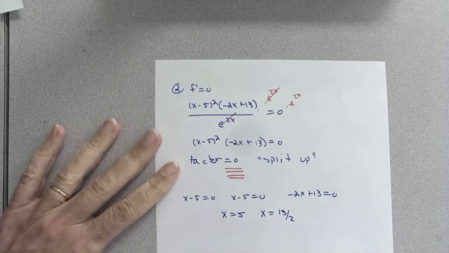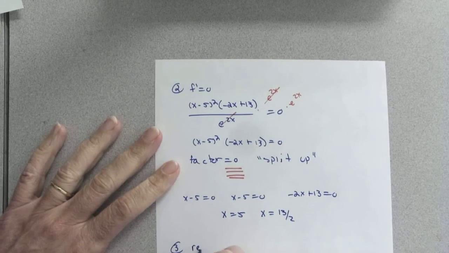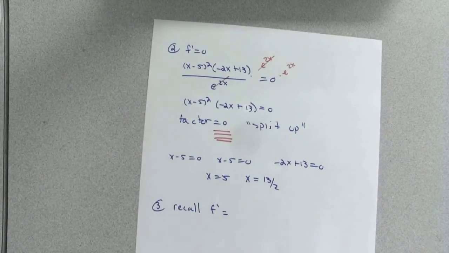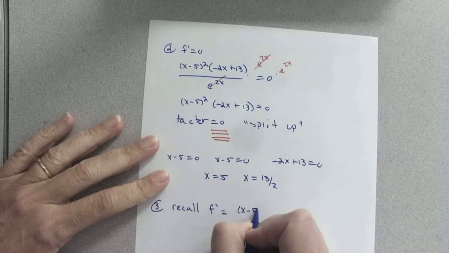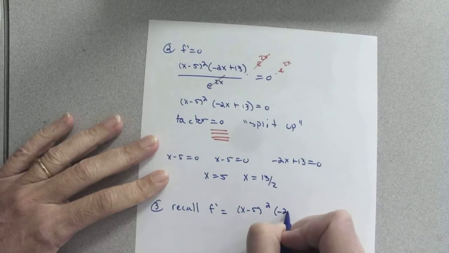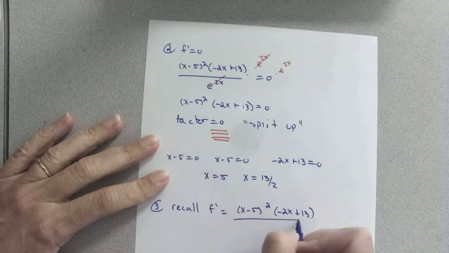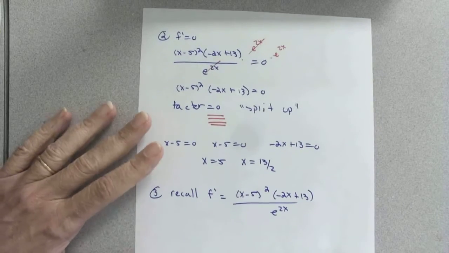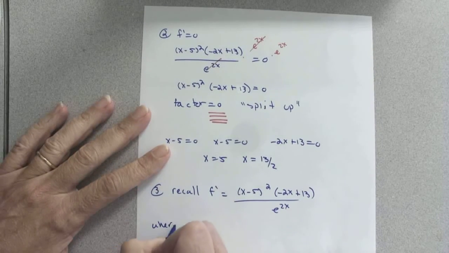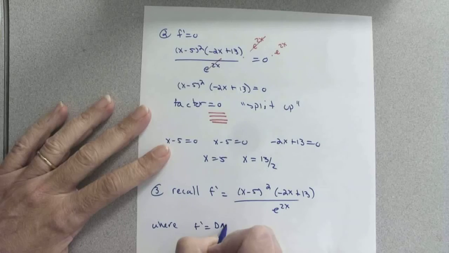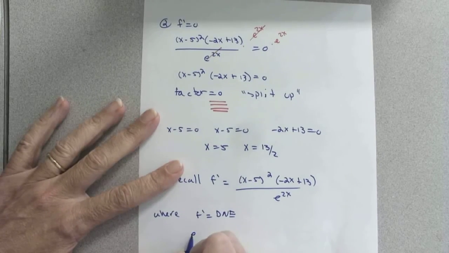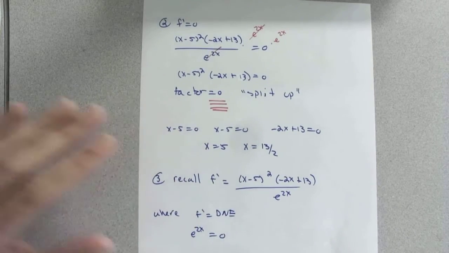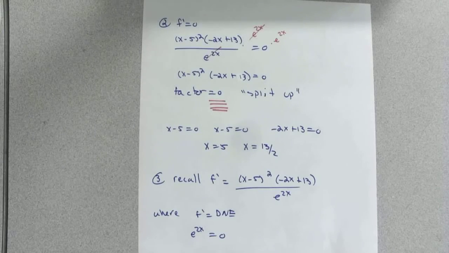Now this guy was a fraction. So we said that f prime was x minus 5 quantity squared, negative 2x plus 13 over e to the 2x. So where f prime does not exist would be e to the 2x equals 0. Exponential equation.